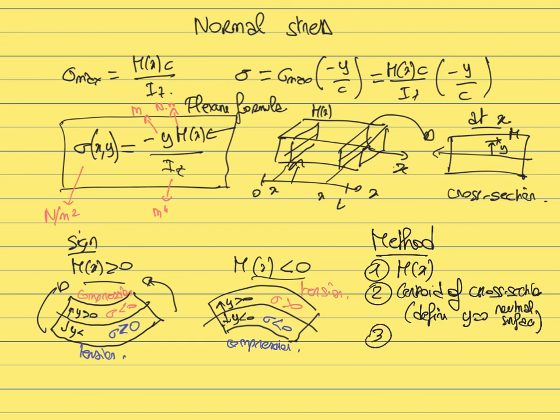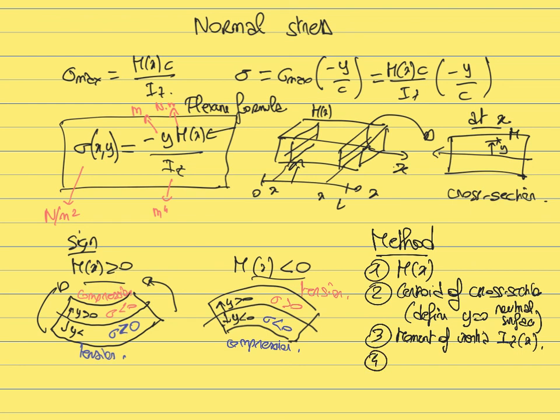Once you have the centroid, then you will need to calculate the moment of inertia of the cross section Iz. Keep in mind that this can potentially depend on x. The cross section doesn't have to remain the same for every position x. Once you have this, you have everything you need.